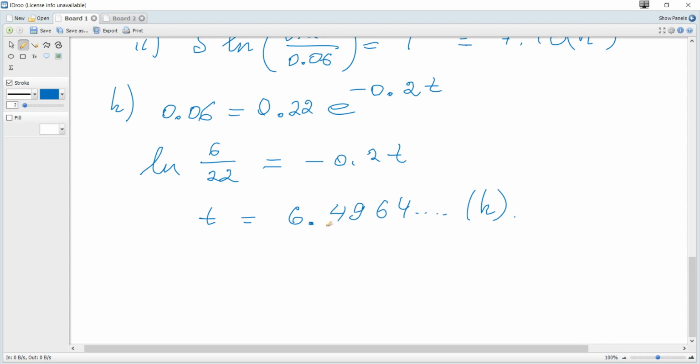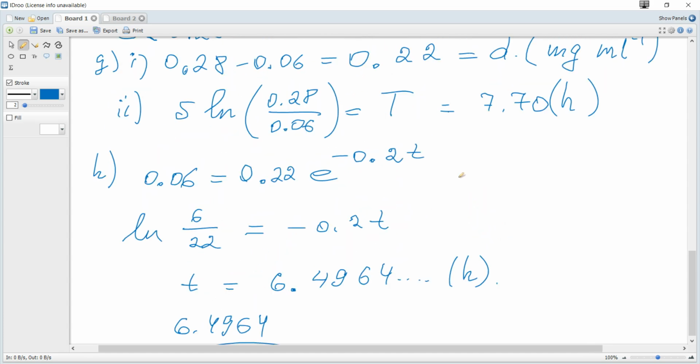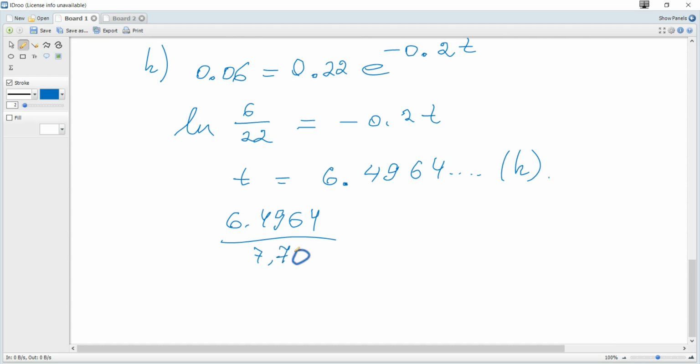The question is, I repeat, for the values of D and capital T found, find the proportion of time for which the concentration of a drug is at least, meaning greater, 0.06. Since the function is decreasing from t0 up to this moment of time, during this time interval, we need this out of capital T, which is 7.70, and it becomes the required proportion of time.